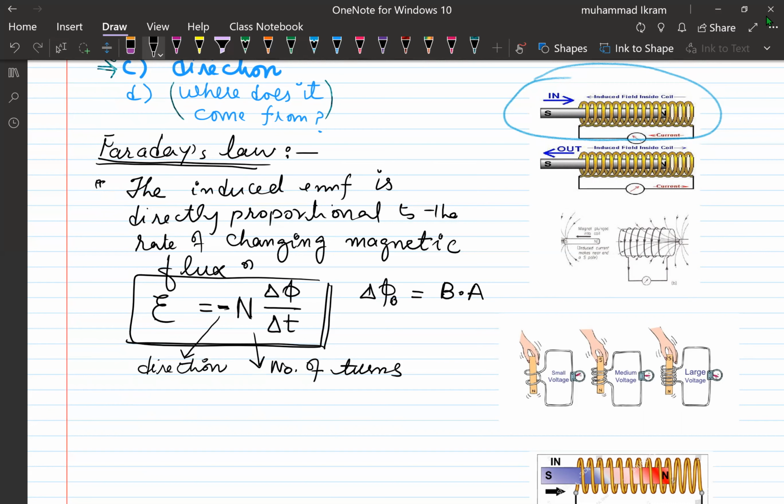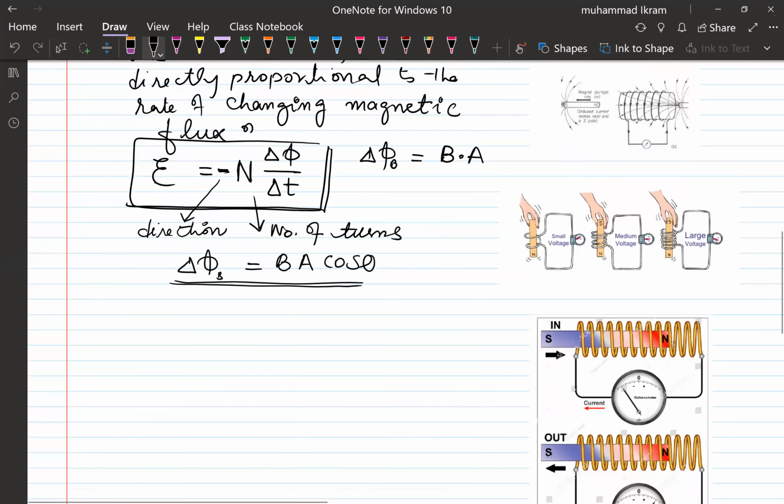Okay, so look, as we know the flux, we can better write it as B A cos theta, right? Then I can write this equation in a number of ways. You will notice it right now.